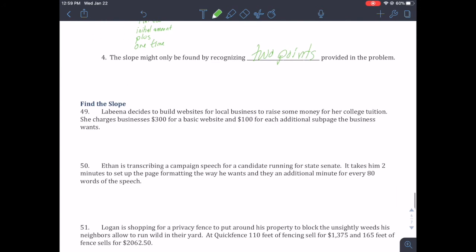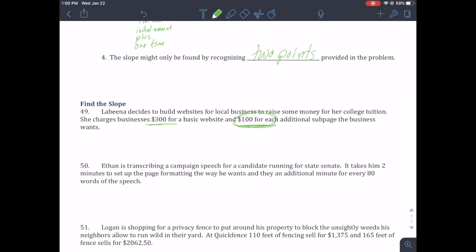We'll look and see what that might look like. So let's look at this first example. We're finding the slope. Labina decides to build websites for local businesses to raise money for her college tuition. She charges businesses $300 for a basic website and $100 for each additional sub-page the business wants. All right, so we've got two numbers, 300, 100. We're going to look around them for any keywords, and when we do that, we see $100 for each.